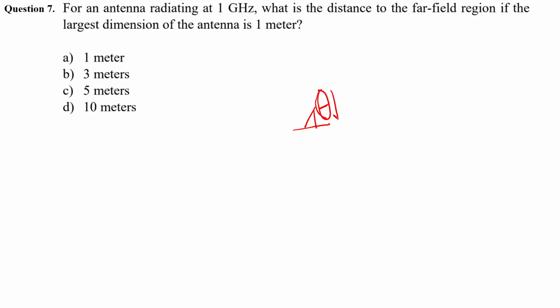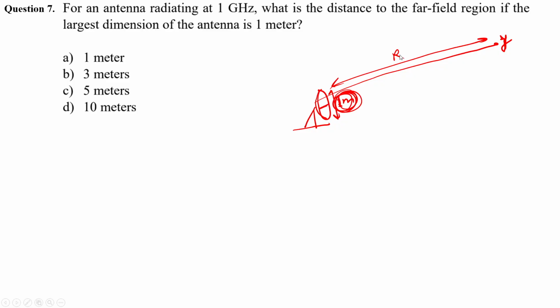If the dish is 1 meter, the far field depends on the dimension. Let's say we are calculating at a distance y. Whether it is far field or not also depends on the dimension of the antenna.